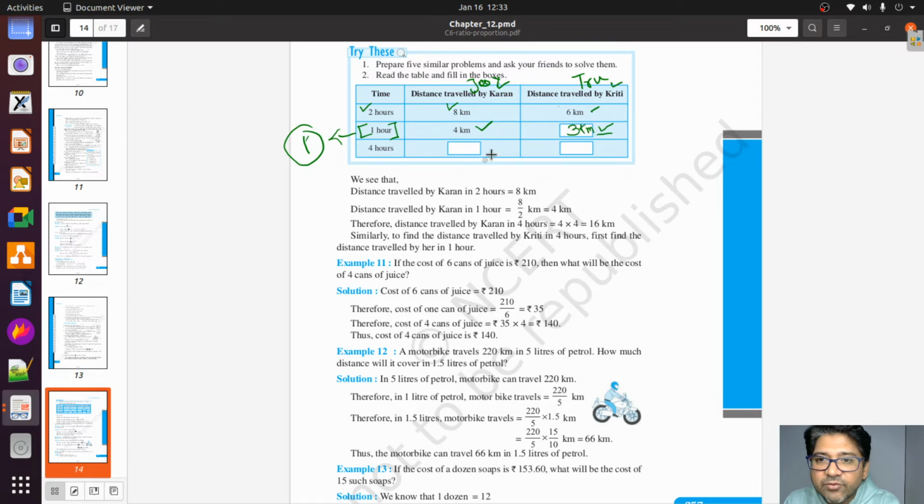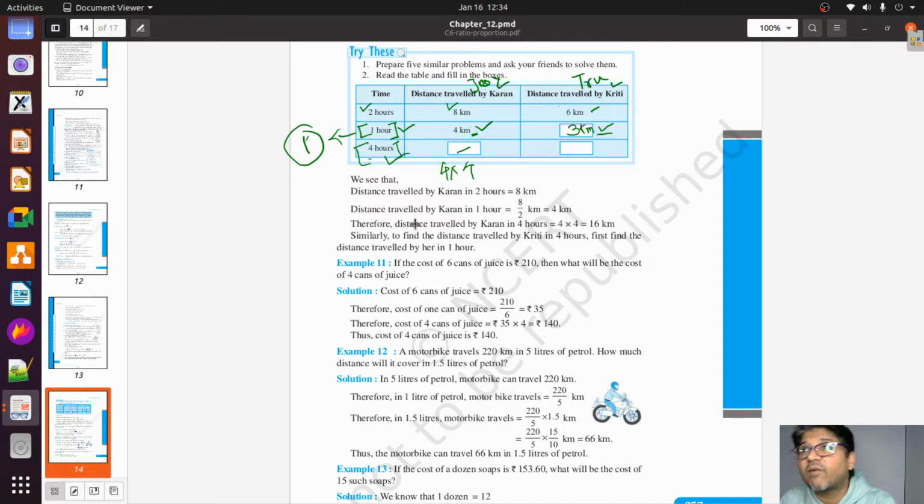Now Pallavi will answer. If Joyce travels 4 kilometers in 1 hour, how many kilometers in 4 hours? 16. Yes, so 4 into 4, that is the unitary method. We have 1 hour, how many kilometers they travel, so I will multiply by the number of hours.